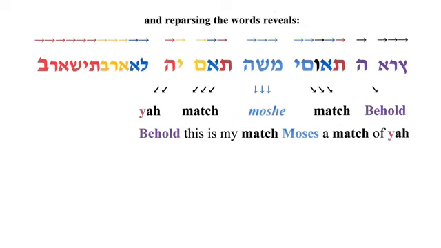When I do that, remember we're reading right to left, you have the first 3 letters we ignore for now, and then here's the purple hay. Hay is behold. Behold, something's going to be revealed. The next word is twin or match. The next word is Moshe, Moses. It's written backwards in Genesis 1:1.